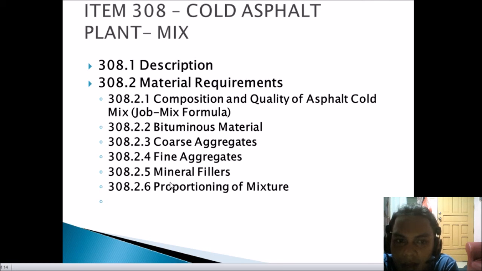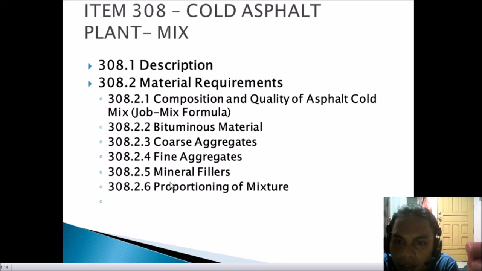So next is the fine aggregates. The fine aggregate shall conform to the applicable requirements of Item 700, specification M29 or ASTM D1073. Mineral fillers shall conform to the requirements of Item 703A, mineral fillers or ASTM designation D242.